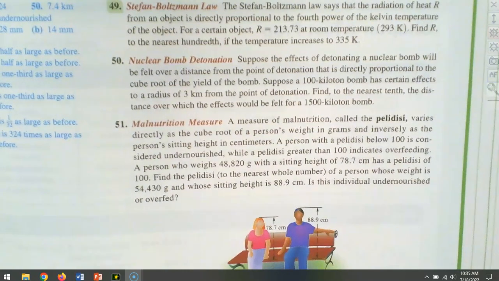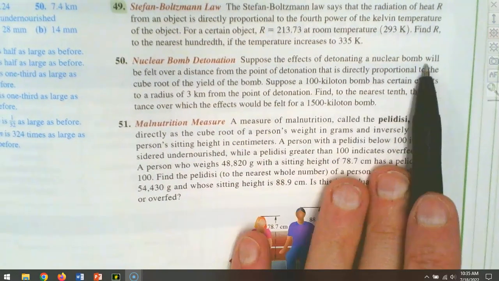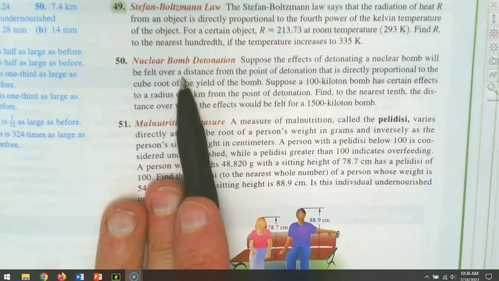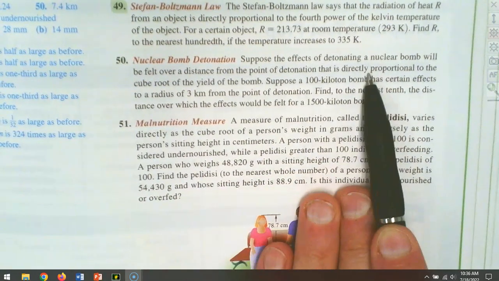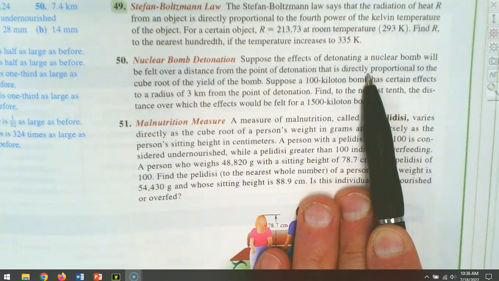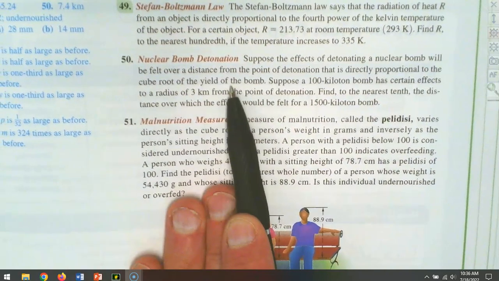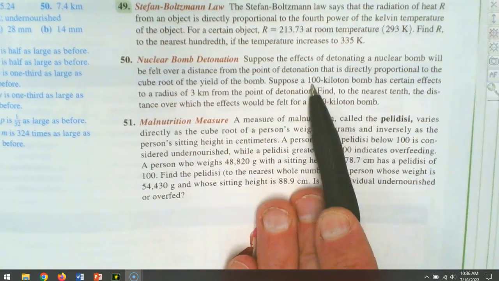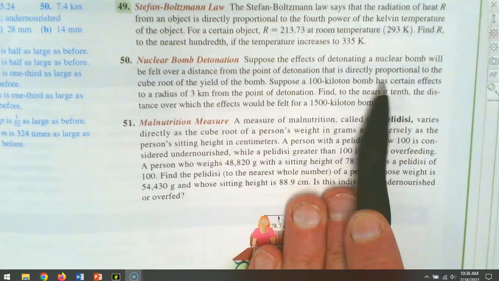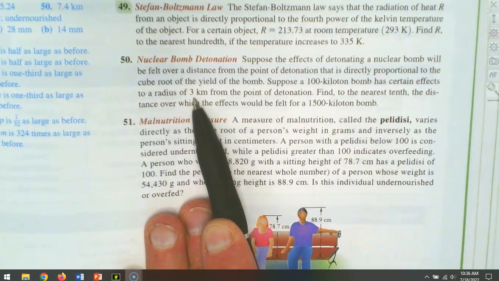So question 50, we're looking at the detonation of a nuclear bomb. So suppose the effects of detonating a nuclear bomb will be felt over the distance from the point of detonation that is directly proportional, that means we multiply, to the cube root of the yield of the bomb. Suppose that a 100 kiloton bomb has certain effects to the radius of 3 kilometers away from the point of detonation.